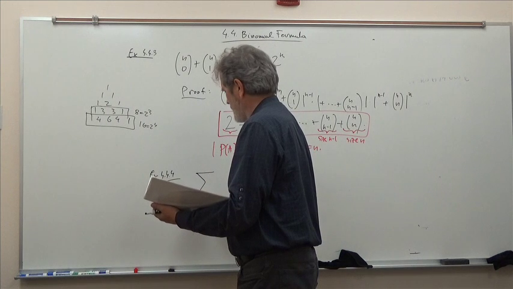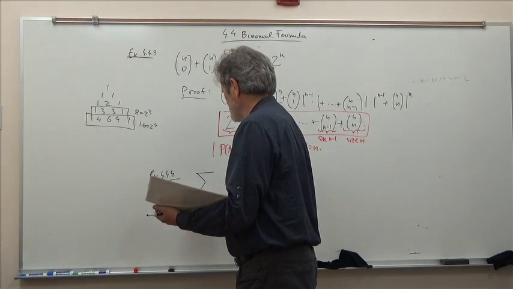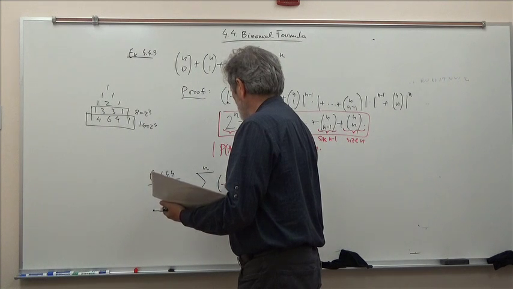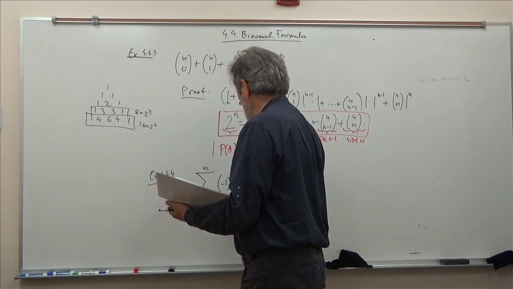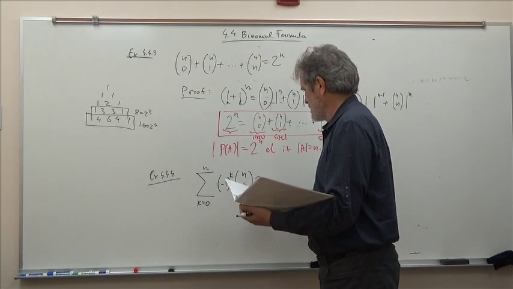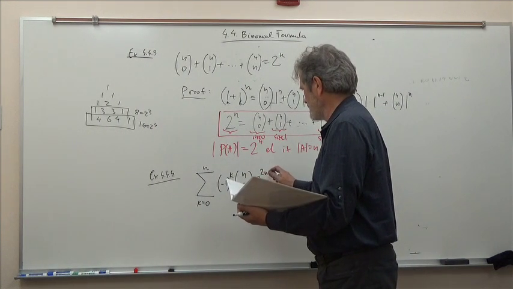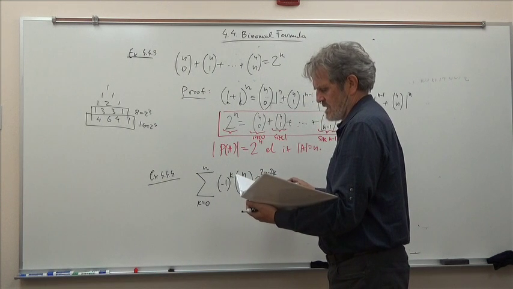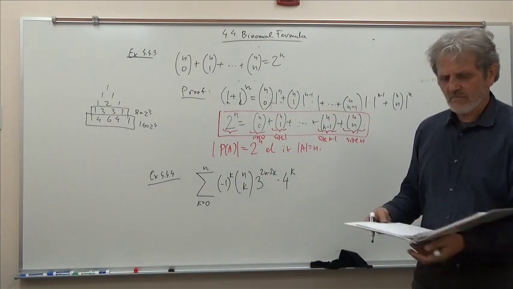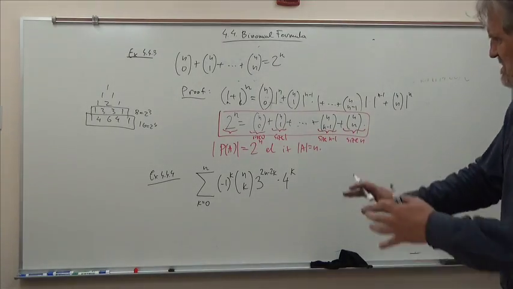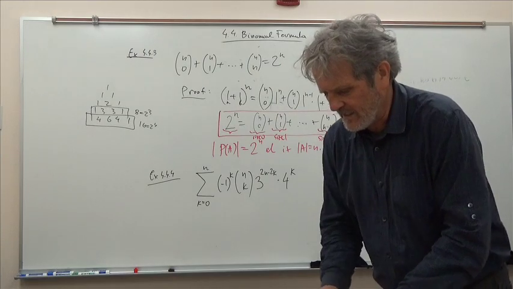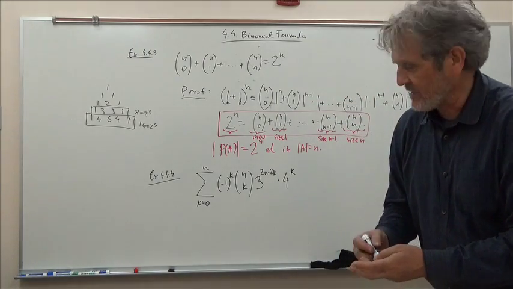Sum, k goes 0 to n, minus 1 to the k, n choose k, 3 to the 2n minus 2k times 4 to the k. So for example, someone gives you a huge expression like this and it looks very complicated, but actually it's very easy to simplify it. Why?